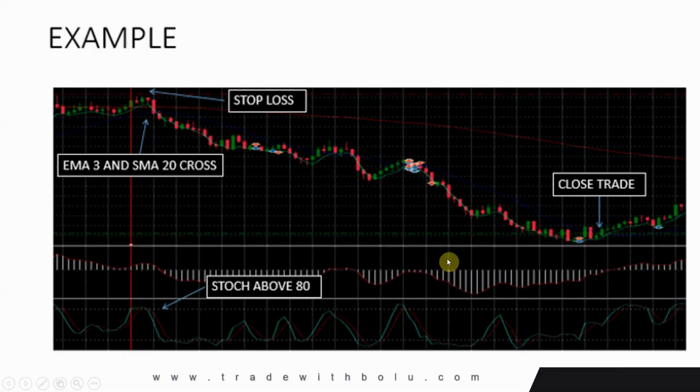So it crossed, and you have that. Then you have the stochastics above or touching the 80 region. So we have a nice sell momentum indicated, and you trail this all the way to the breakout.